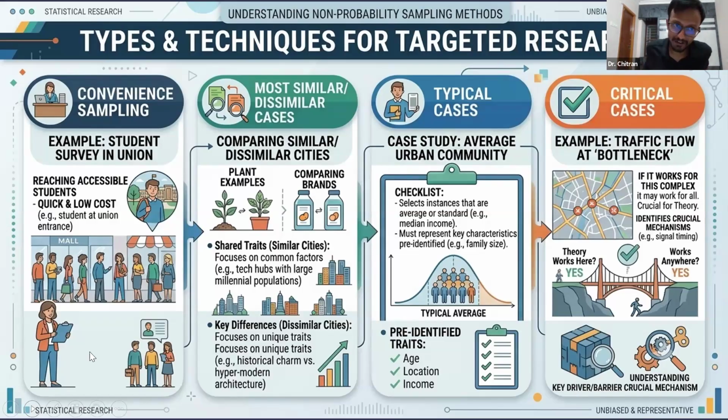And then most similar or dissimilar cases. This is another form of sampling, where you are maybe comparing cities, as the example they have mentioned. For similarities, for instance, Mohali and Singapore: Mohali is considered a very planned city, and Singapore is also considered a very planned city.